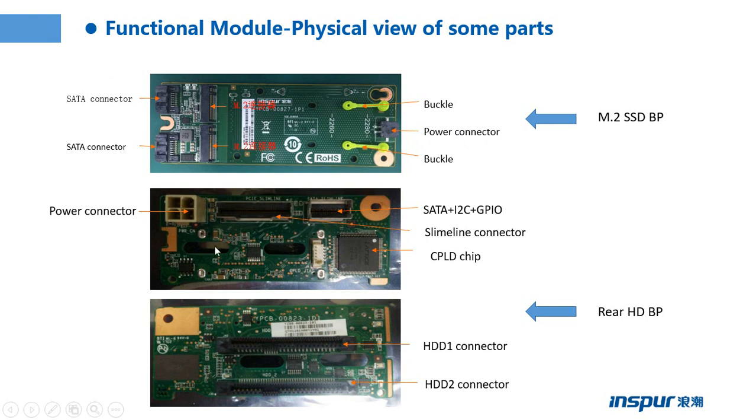This one is the rear hard drive backplane, with the power connector, the SATA, the I2C, and the GPU connector. This one is the slimline connector and the CPLD chip. Those two are the hard drive connectors.